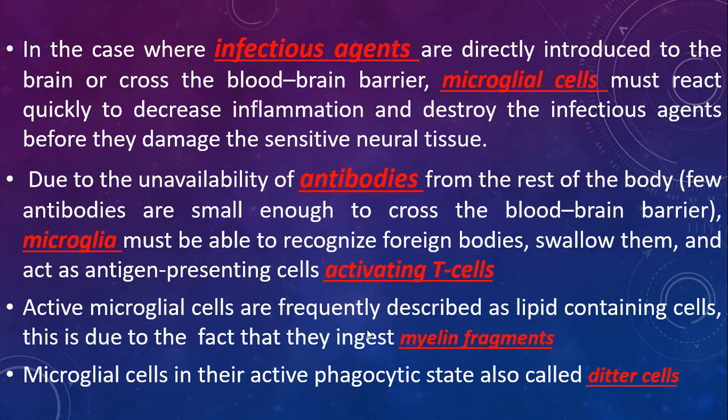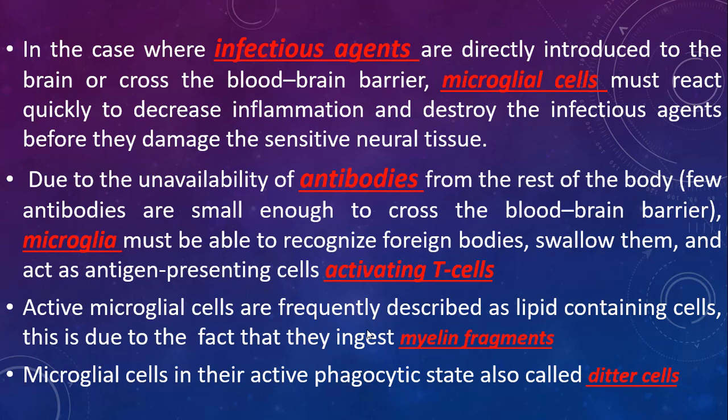There is limited availability of antibodies from the rest of the body, because few antibodies are small enough to cross the blood-brain barrier, but mainly IgG may be able to cross because it has a small molecular weight.